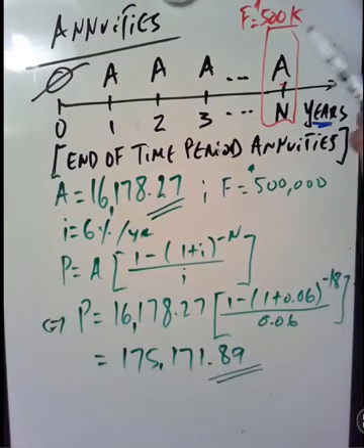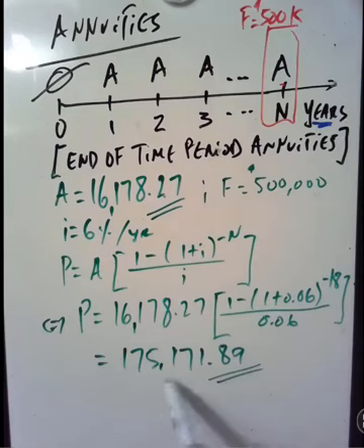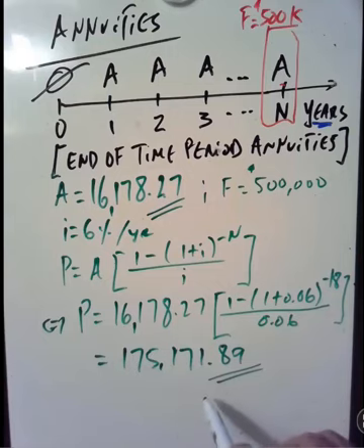So having $500,000 18 years from now, or $175,000 now, has the same value.